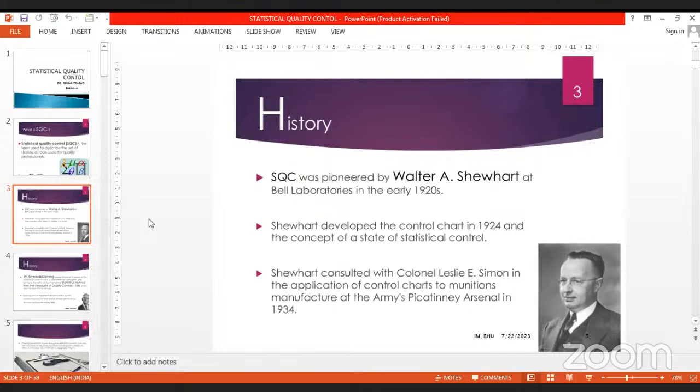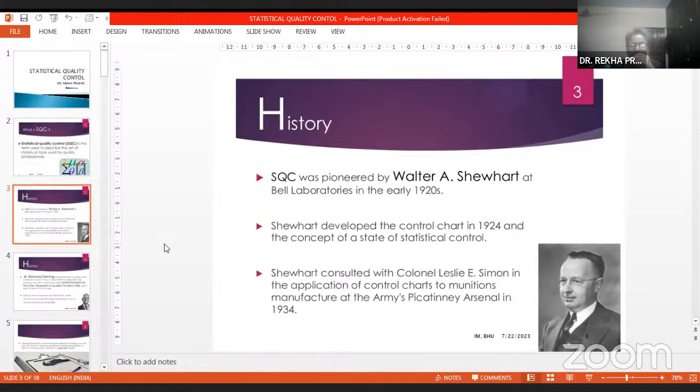Shewhart consulted with Colonel Simon in the application of control charts in manufacturing at the army's Picatinny Arsenal in 1934. So Simon is a well-known name in your decision making also.